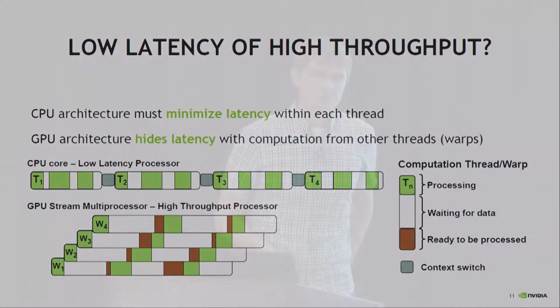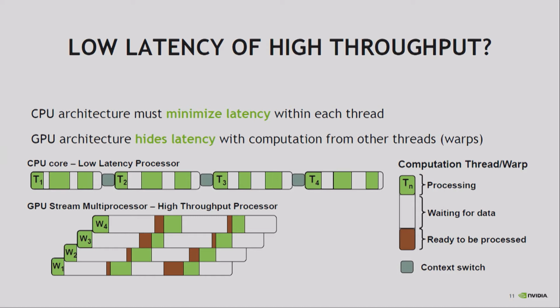First of all, GPUs and CPUs are designed differently. CPUs are designed to minimize latency because they have branch prediction and large caches, so each thread can complete its work pretty fast.